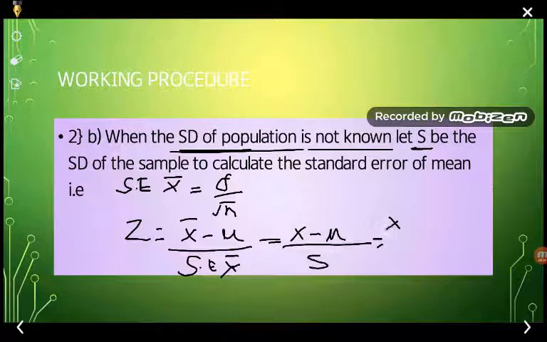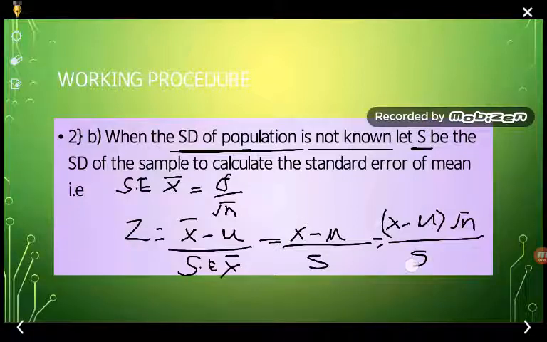So here it can be written as x minus mu, root n by s. So in this way we have to calculate, here this is s by root n.